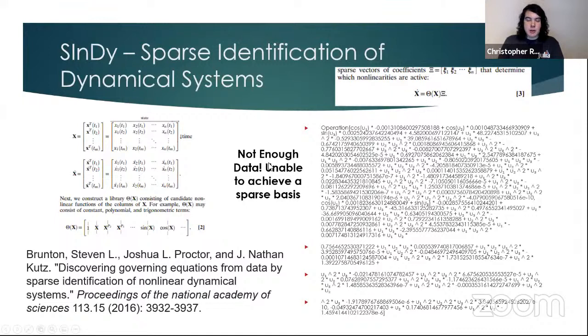This gives you a way to take all the data that you have and project it back down to a very small basis. Now, this methodology does require a bit of data, though. It requires good data, and it requires good derivative estimates. So in general, if we just take it and slap it onto something where we only have 21 days worth of data, we don't necessarily get a very sparse basis.